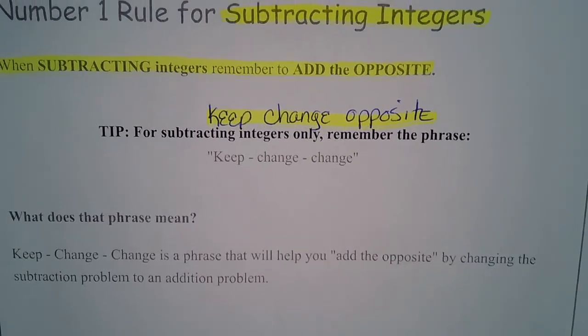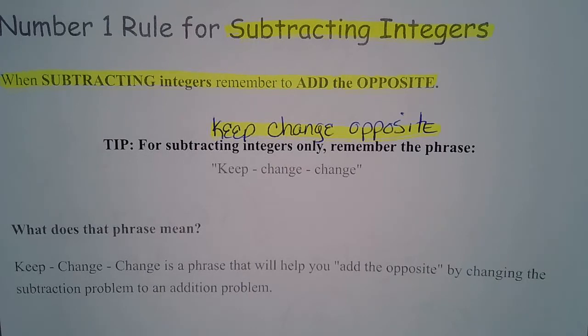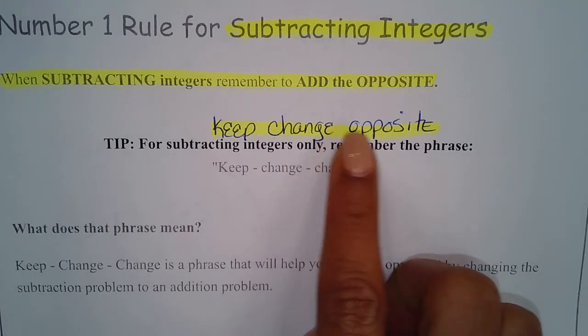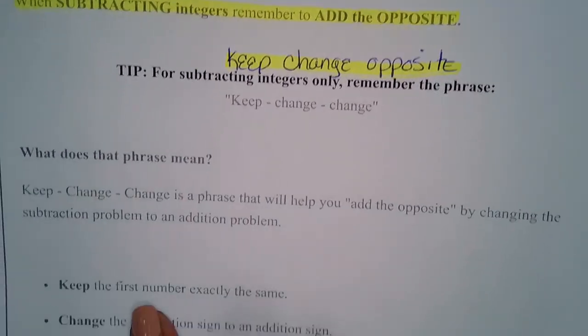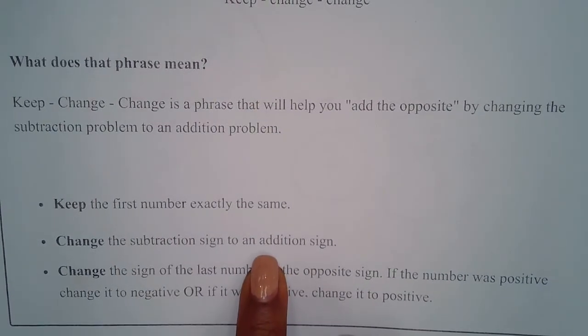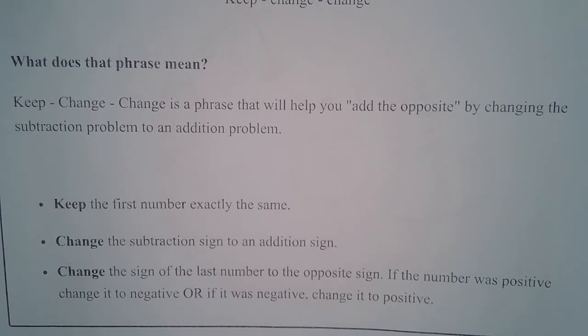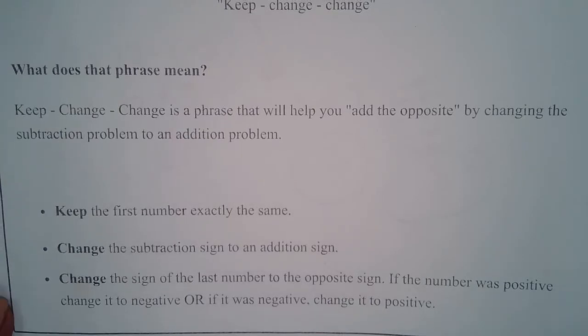Just to recap for you really quick, we just went over subtracting integers. The key phrase for you to remember is keep, change, opposite, which means that you're going to keep your first number the same, change the subtraction to addition, and then take the opposite of that last number. Remember, opposite changes the sign. So if it's -7, it becomes +7.